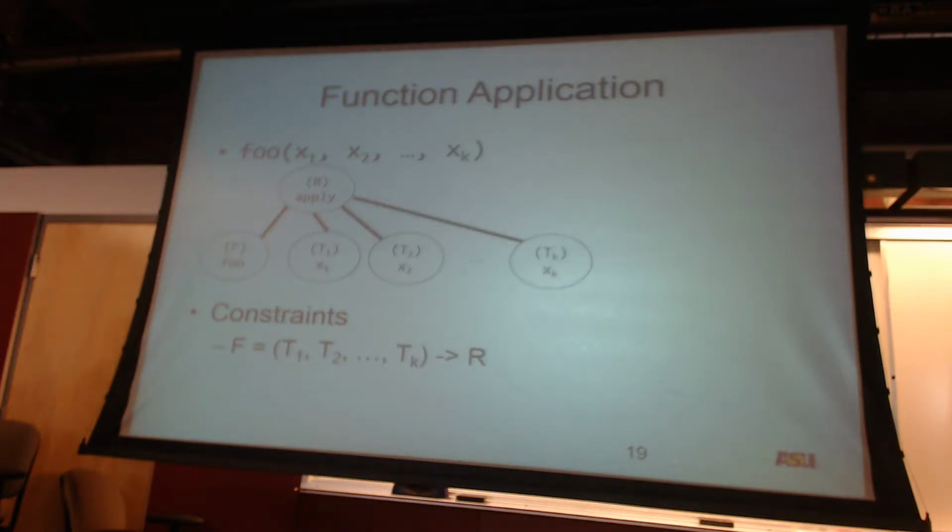Same way here. Whatever the arguments are, we put them inside parentheses, then a right arrow, then the return type R. That is function application, and that is the only constraint for function application.